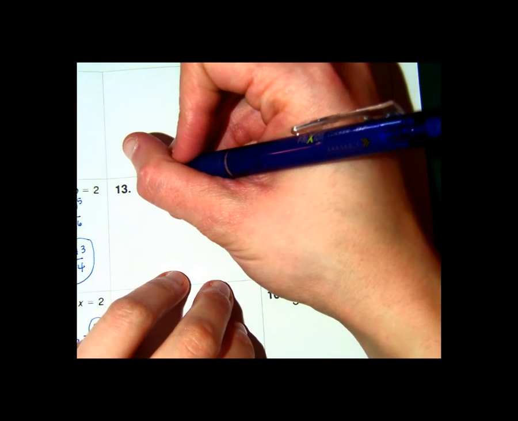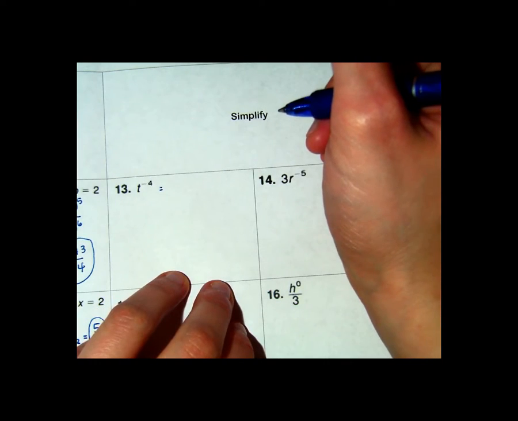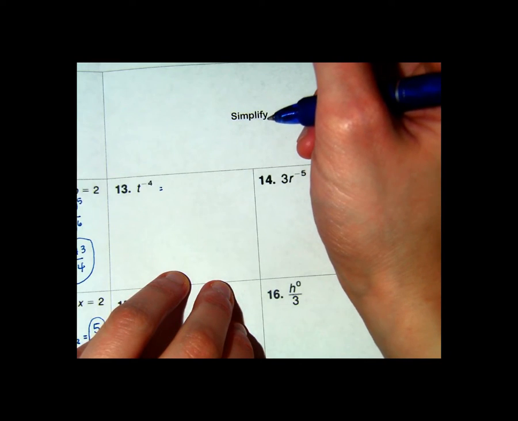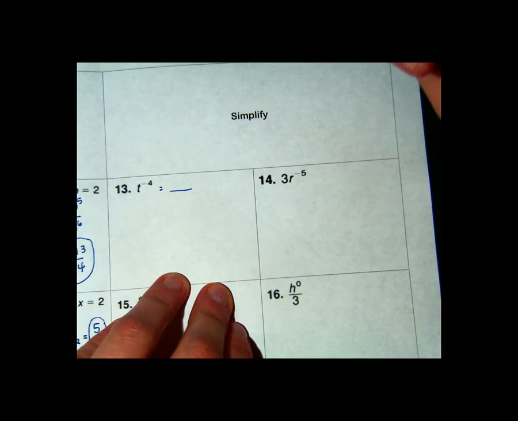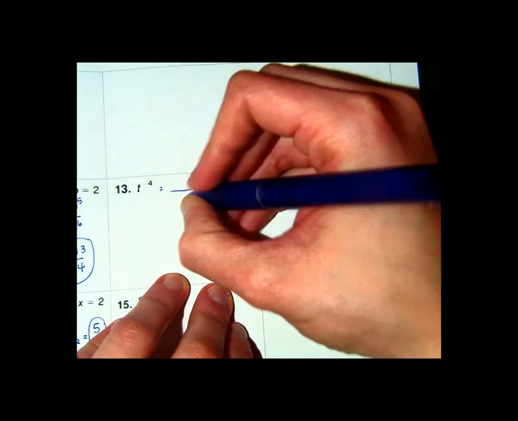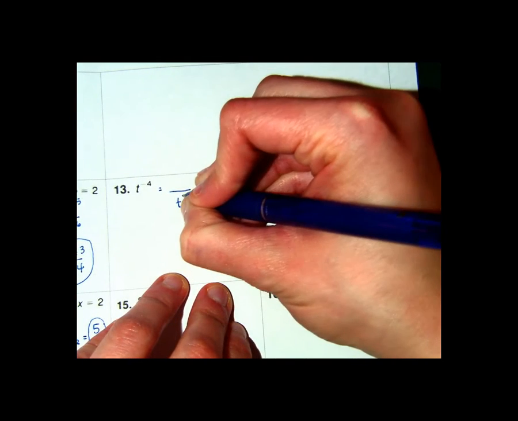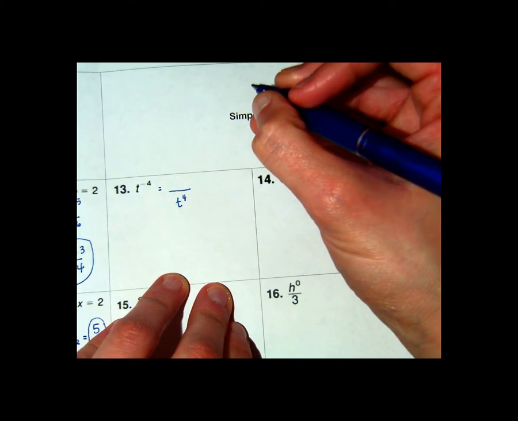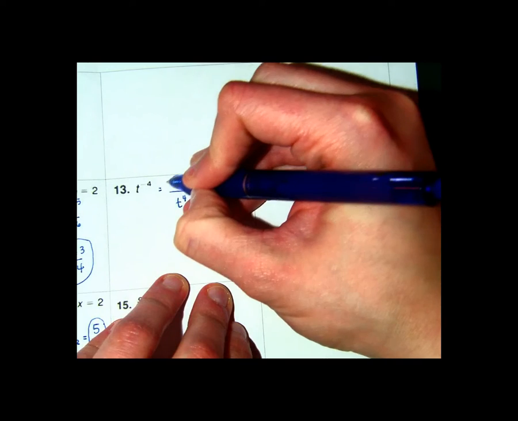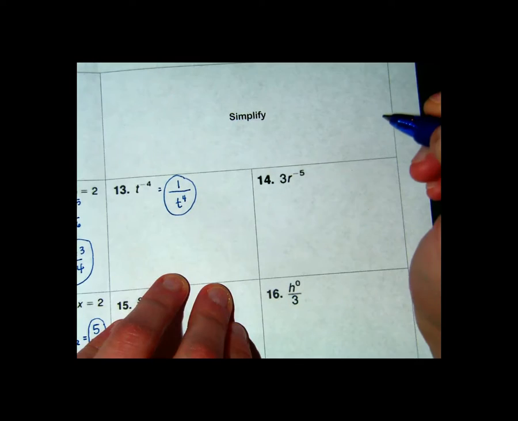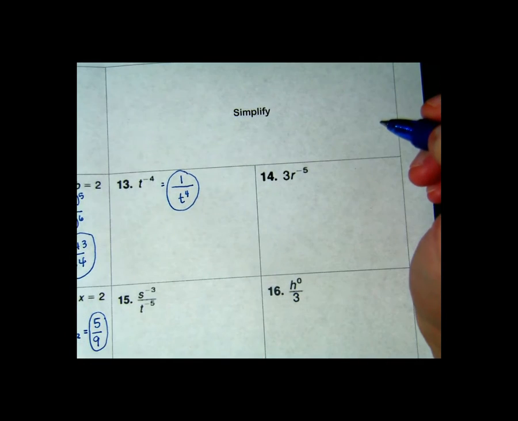I currently have t raised to the negative 4th power, so I want to change this so that I do not have that. The negative 4 is directly related to t, which means t to the 4th moves. I do not have anything left in the numerator, so I'm going to put a 1. So 1 over t to the 4th would be the solution.